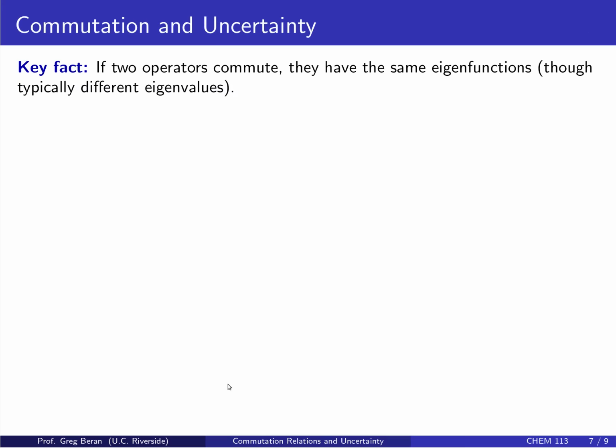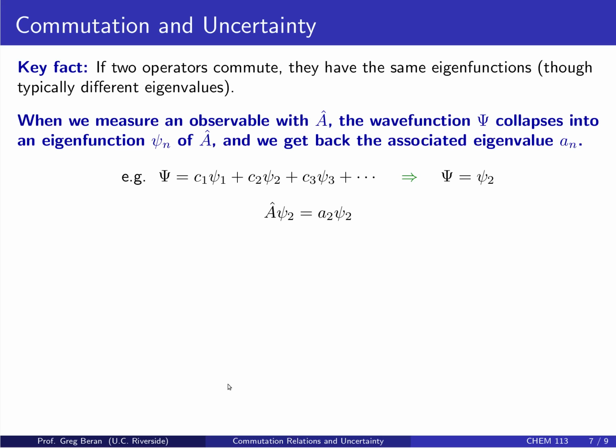To sort of understand how this comes about, let's look a little more closely. There's a key fact: if two operators commute, you can show that they have the same eigenfunctions. Typically they'll have different eigenvalues, but they'll have the same set of eigenfunctions. Let's think about what happens when we measure. Say we're in some wave function capital psi, and we measure it for some observable using operator a.